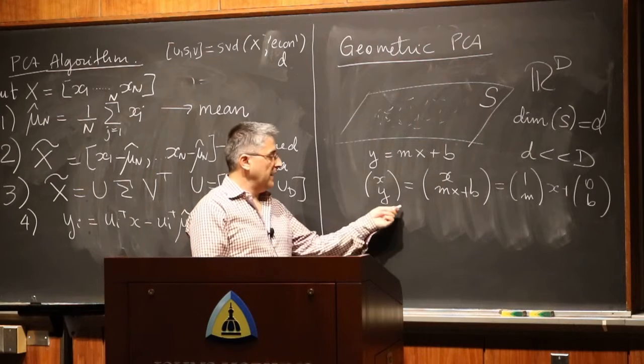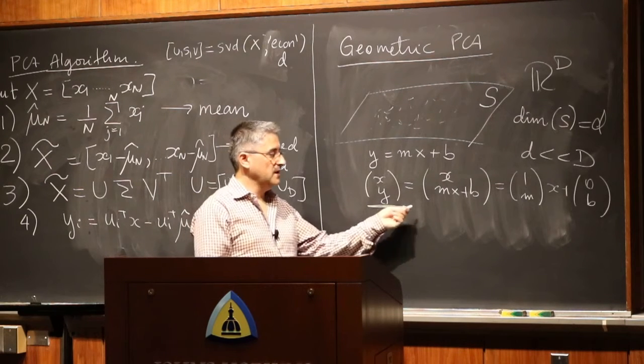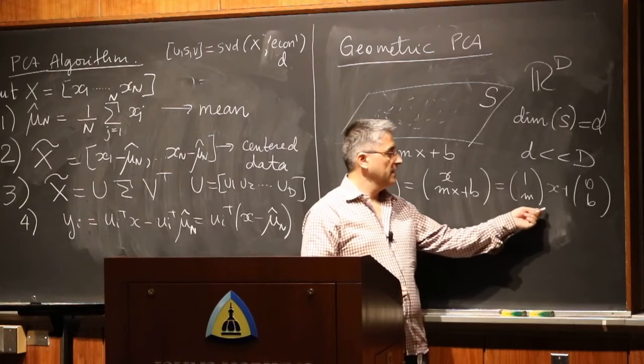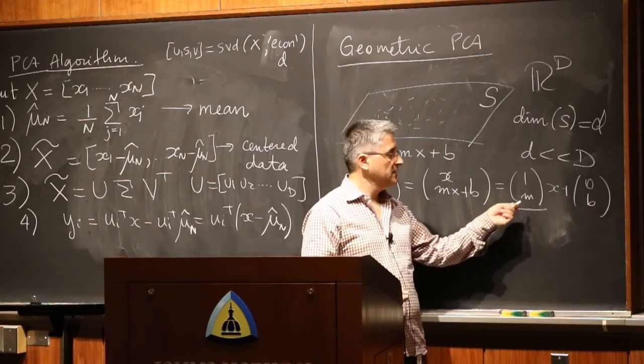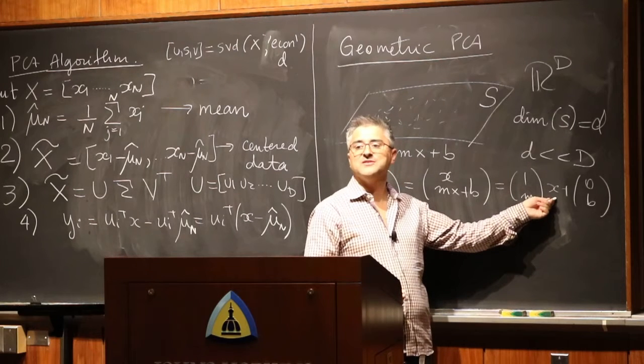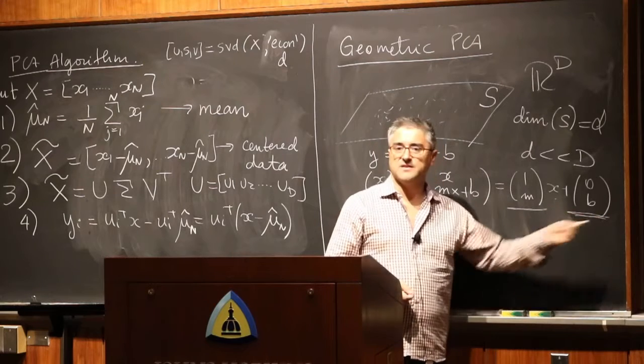So, a point on the line, which is in 2 dimensions, is always equal to some direction of the line times a point in 1 dimension, because the line is only 1-dimensional, plus some displacement.